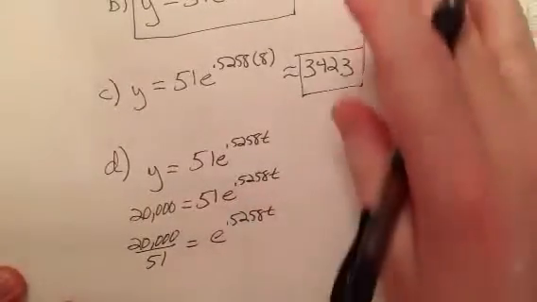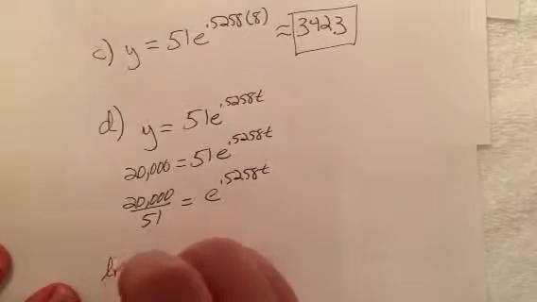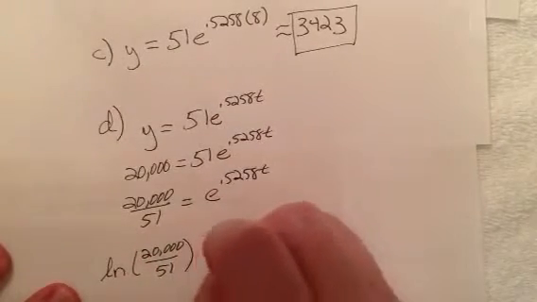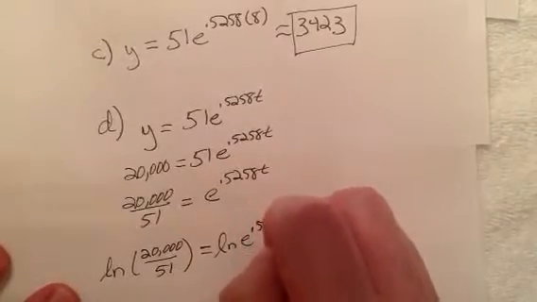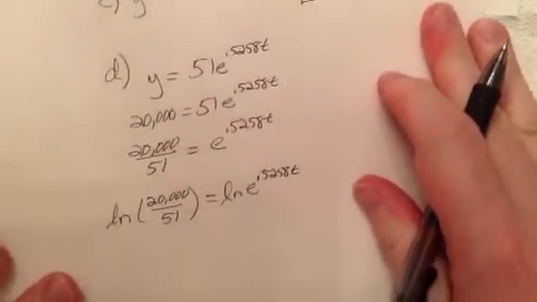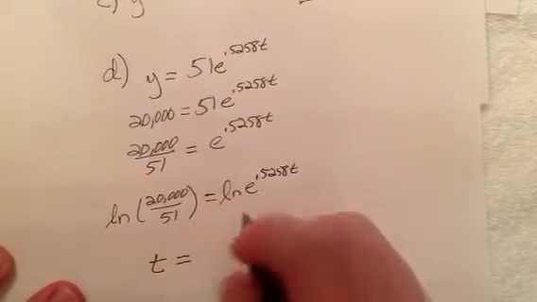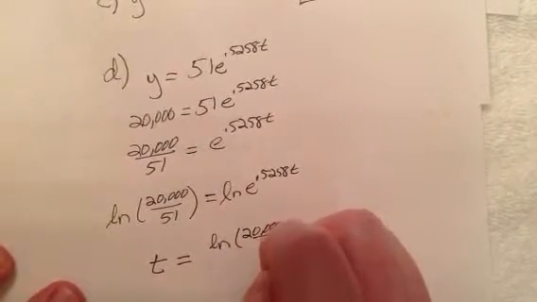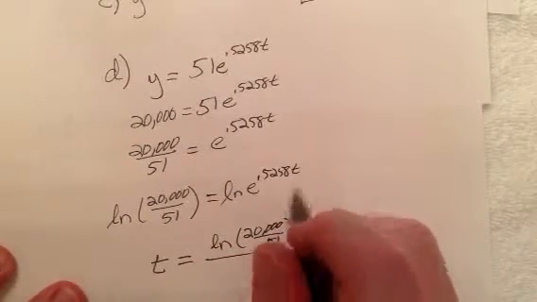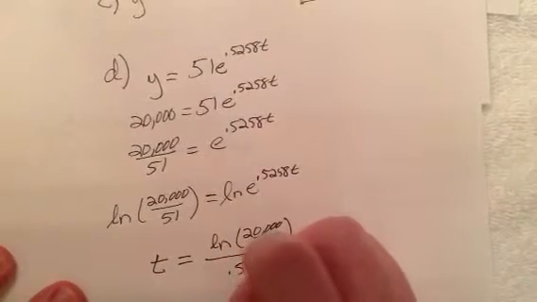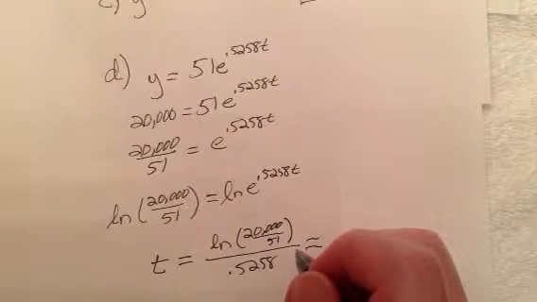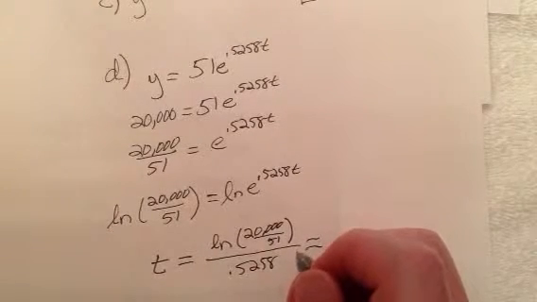As you look at taking the natural logarithm of both sides, t is going to be equal to the natural logarithm of 20,000 over 51, divided by the decimal 0.5258.